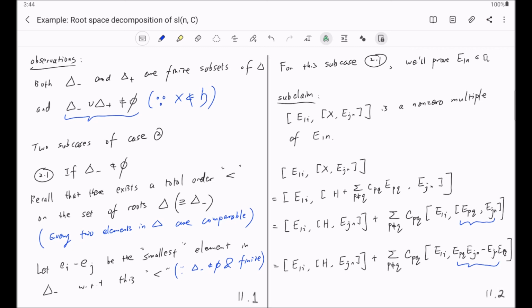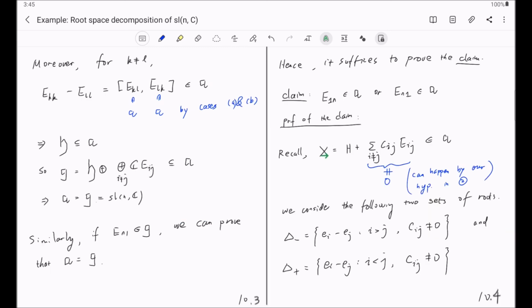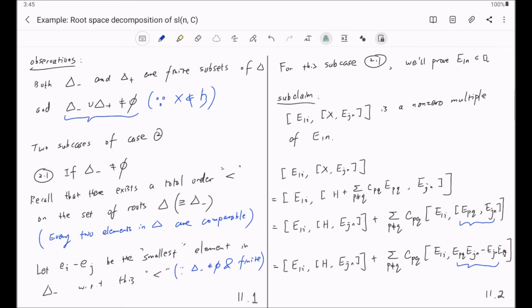Once this is proved, we are done, because by our assumption, x is in A. And remember, A is an ideal, so this iterated Lie bracket will be in A by the definition of ideals.